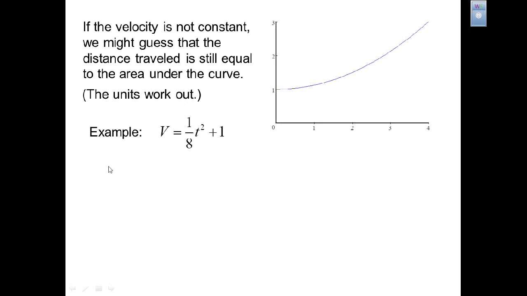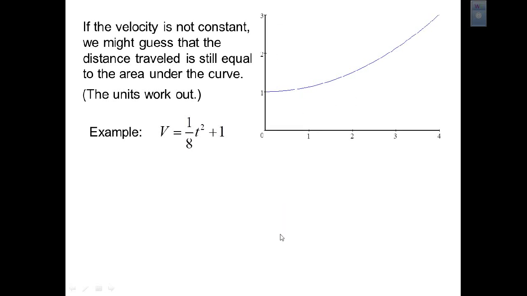Now, if we're looking at this problem right here, this is an example where the velocity function is 1/8 t squared plus 1. And we wanted to find the area under the curve. Well, we don't really know how to do that quite yet, but let's say we wanted to approximate it. Well, we could use rectangles to approximate the area under this curve.